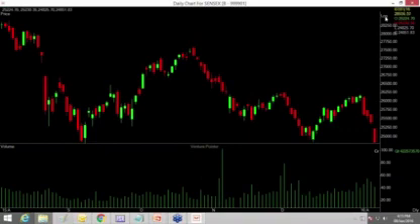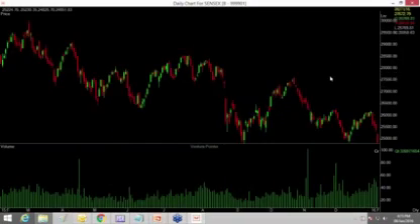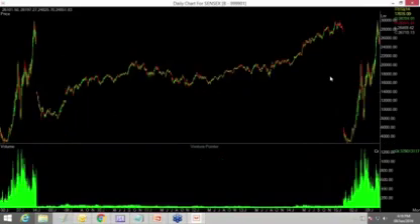Here it is written LOG. That means it is an arithmetic scale, and if you click it will turn to LNR. That represents percentage terms. Now if you see the long-term chart, this is the percentage term chart, semi-log scale. Now see the difference.